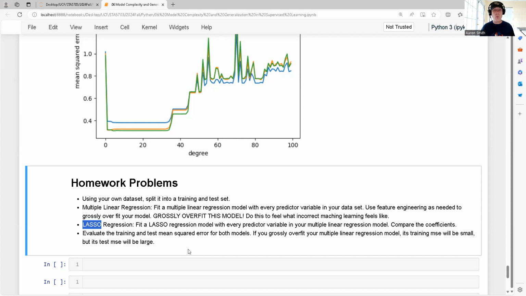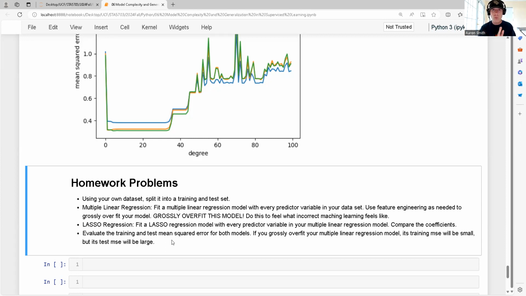So I want you to do lasso and compare how they perform. Grossly overfit your model using line of best fit, ordinary least squares, linear regression, then use exactly the same predictor variables with lasso. Lasso can do feature selection for us. Then just check to see how they did, compare.